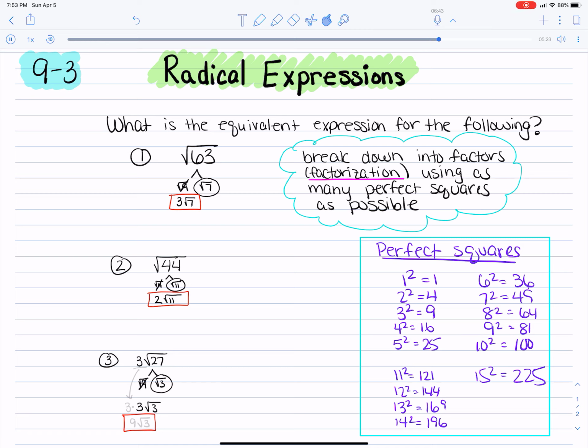But we can't forget that I still have this 3 up top. Because that's being multiplied by my radical, this has to come down, and I have to multiply it times the 3 that I took out from the 9. So now I have 3 times 3, which is going to give me 9 radical 3.